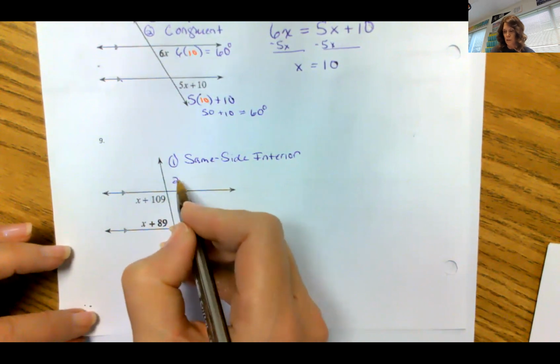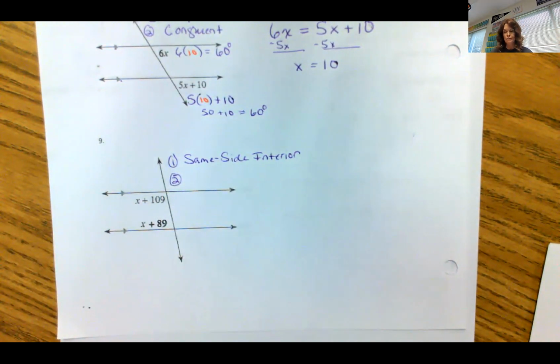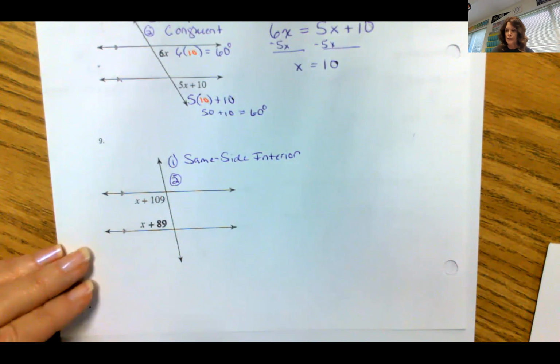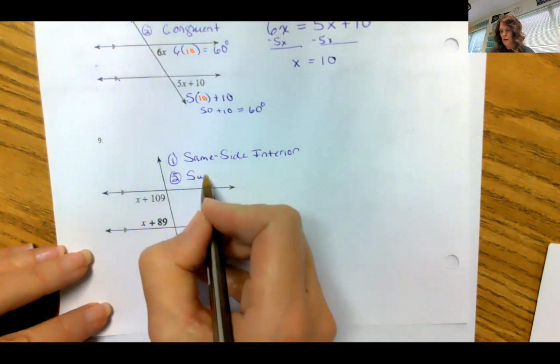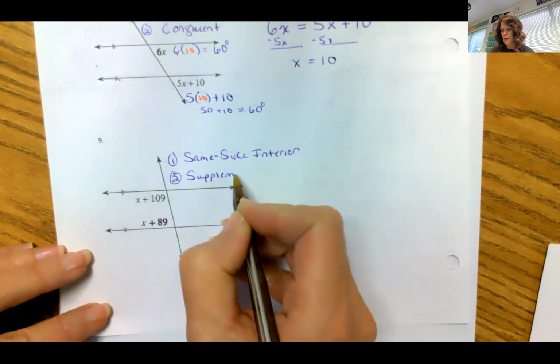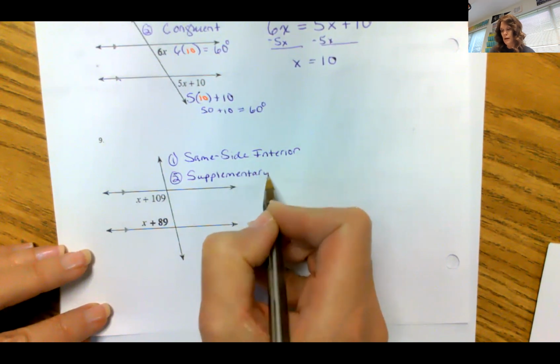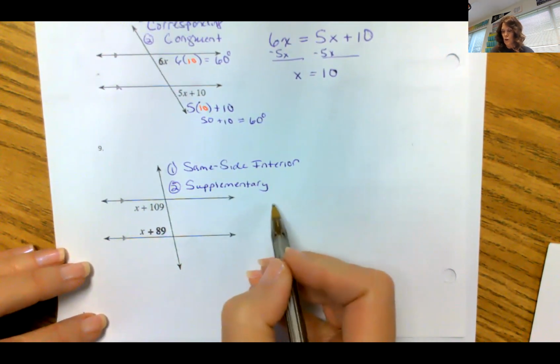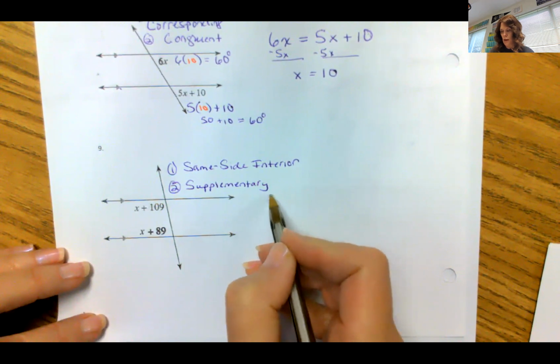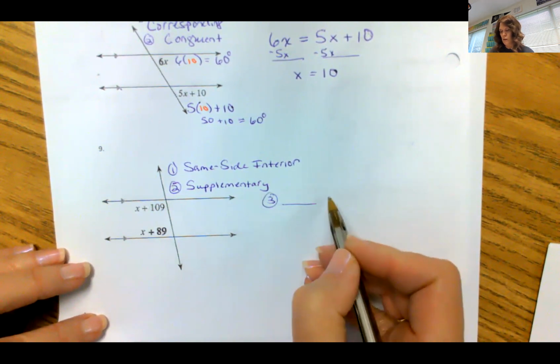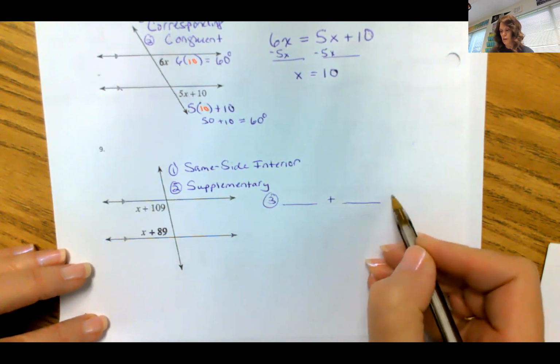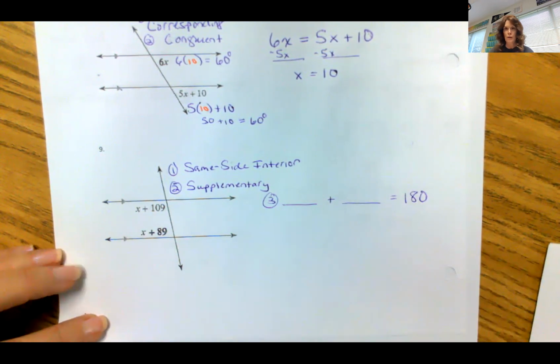And what's the relationship between same side interior angles? Well, they are not congruent. They are supplementary, and supplementary, if you remember, just means that their sum is 180. So when I write that equation, one angle added to the other angle would add up to 180.